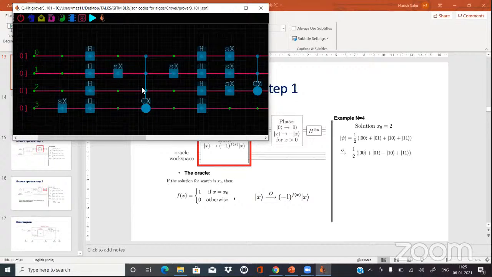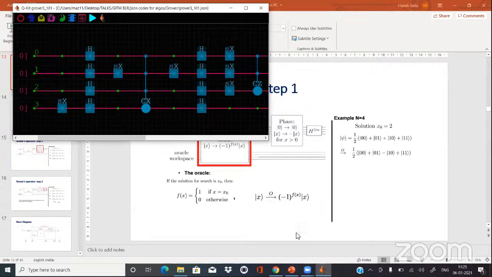So because all states are available with us, when 000 is applied, this fx is 0. When 110 is applied, it is 0. So for all those states, it will not make any effect. Only when this is the desired state, that is 101, then fx will be 1, and then it will change the sign. So that was our requirement.